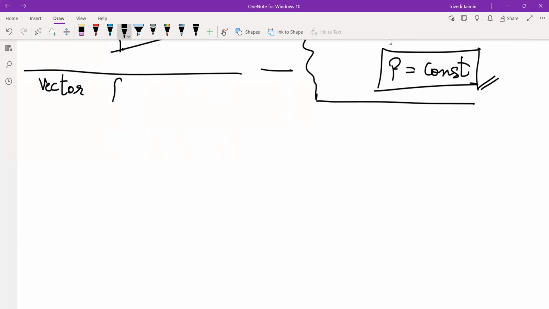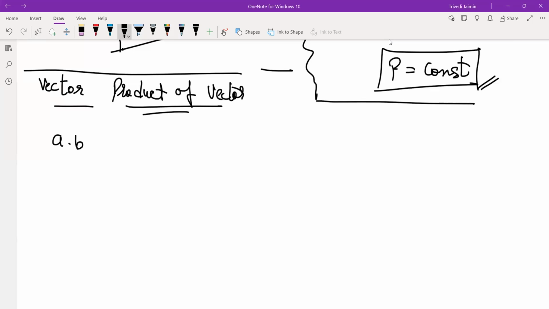So vector product of vectors. Now, as we saw, A dot B, as we know, is the scalar product or dot product.